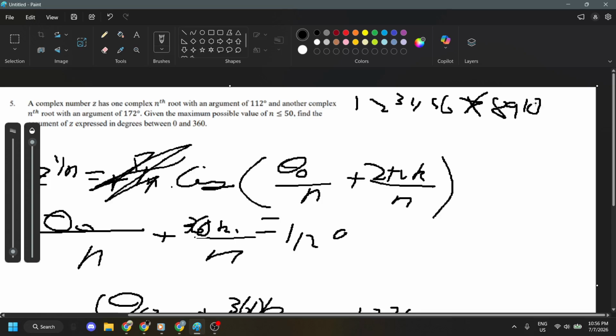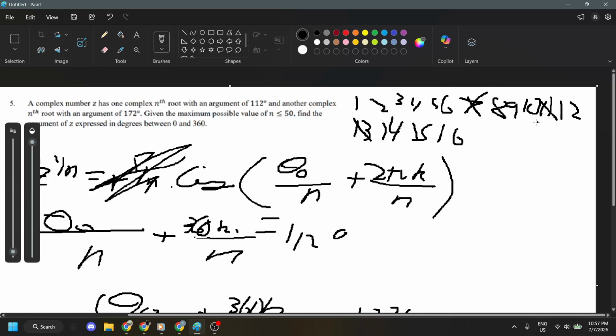9 works, 10 works, 11 doesn't, 12 does, 13 doesn't. I'm going to cross it out. 14 does, because k1 can be 2. 15 does. 16, I actually don't know. 360 is 40 times 9. 40 is 5 times 8.